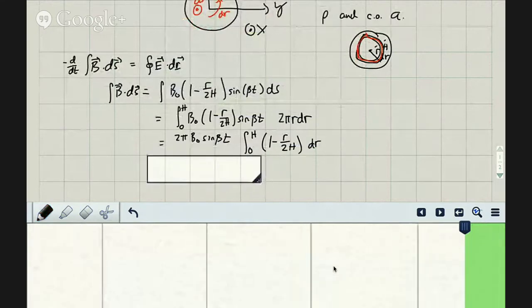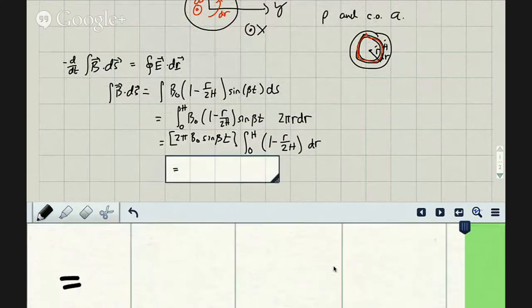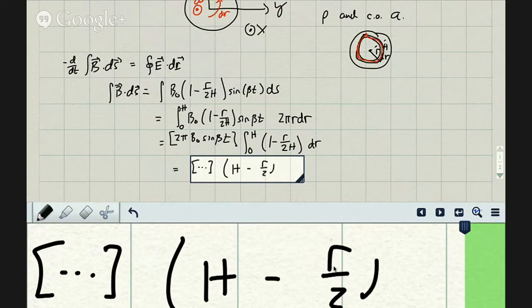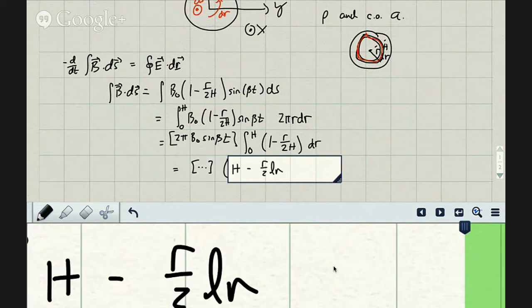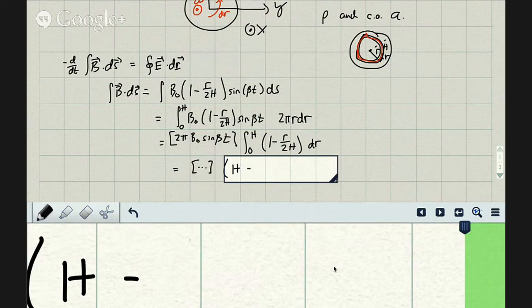For this first integral, we just have these constants. I'm going to put some square brackets around it and abbreviate. There's my constants. My first term is going to be h in the integration. My second term is going to be... no, we're integrating over r, Landon. Get with the program here.